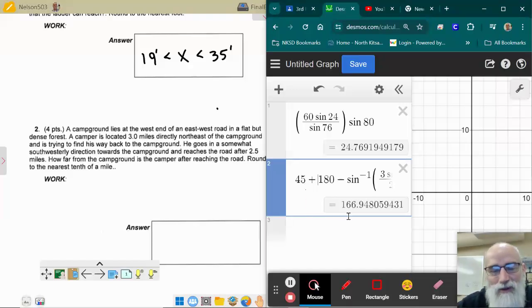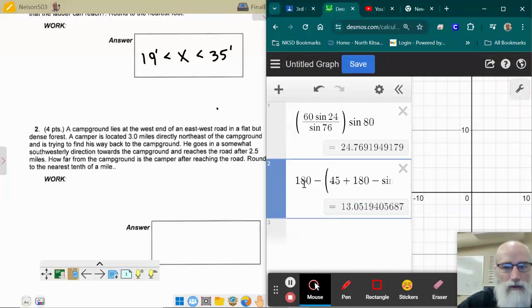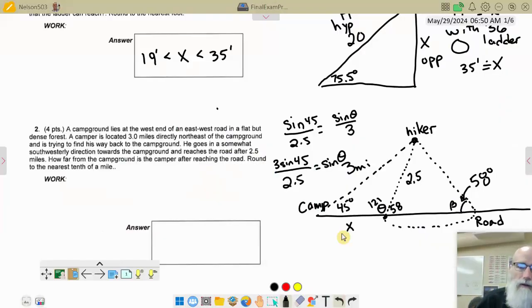And then we would subtract this from 180, which seems kind of crazy. Like, we're going to go 180 minus all that stuff. If I put a parenthesis right here, it should work out, right? 13 degrees. Okay, so this angle right up here is 13 degrees roughly, right?